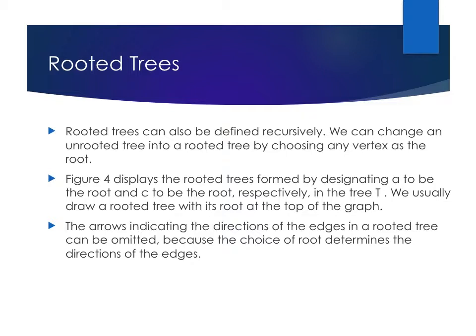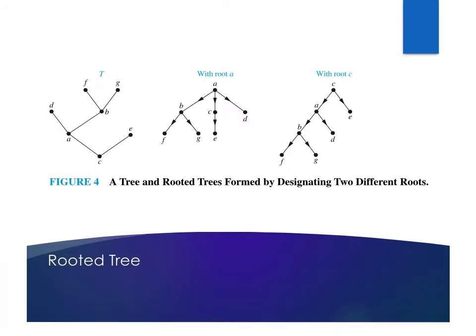For instance, Figure 4 displays the rooted trees formed by designating A to be the root and C to be the root, respectively, in the tree T. We usually draw a rooted tree with its root at the top of the graph. The arrows indicating the directions of the edges in a rooted tree can be omitted because the choice of root determines the direction of the edges.